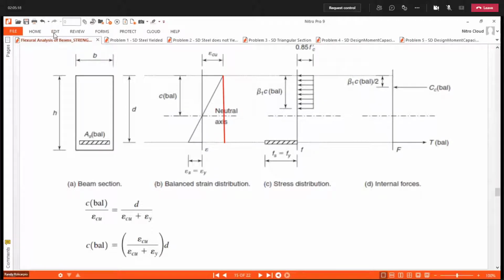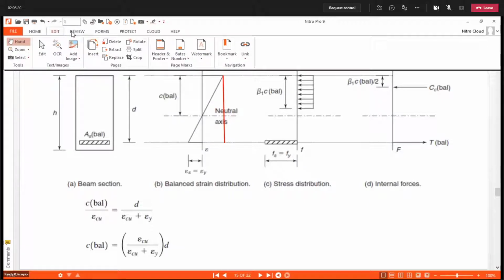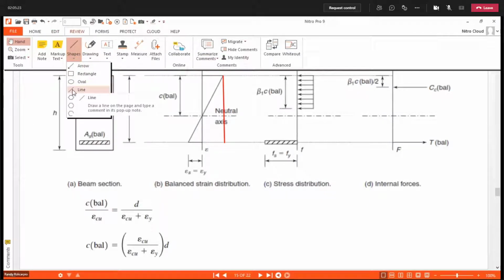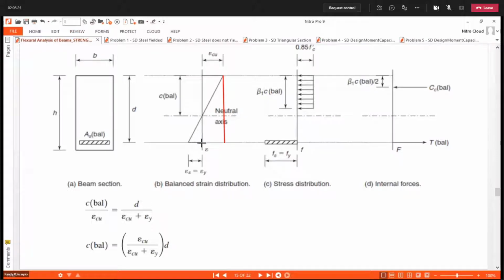Then also we have the triangle there. Okay, this triangle here, and the big triangle. So this is the relationship of c balance and our strains.